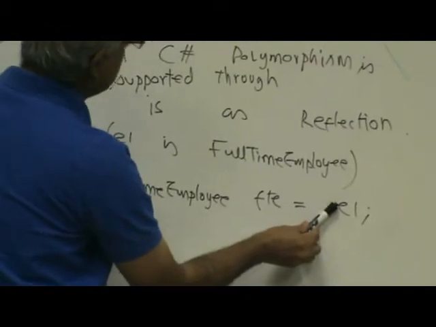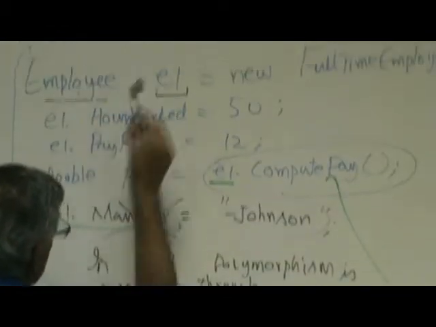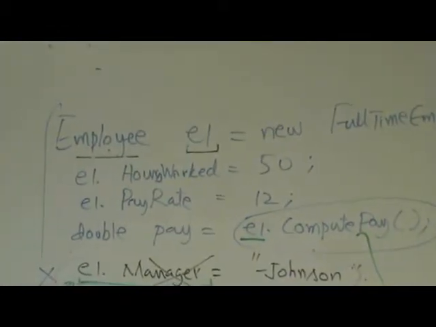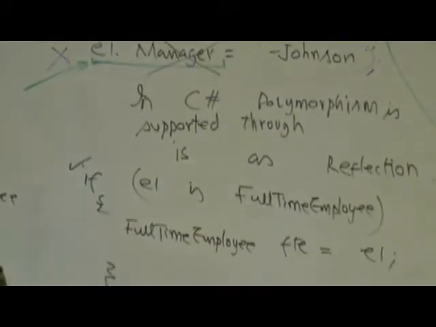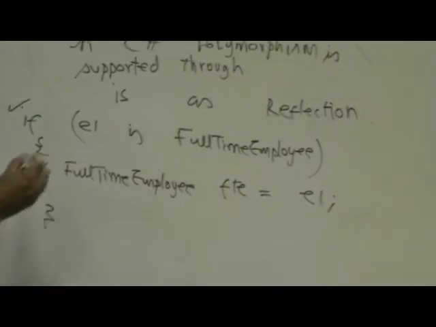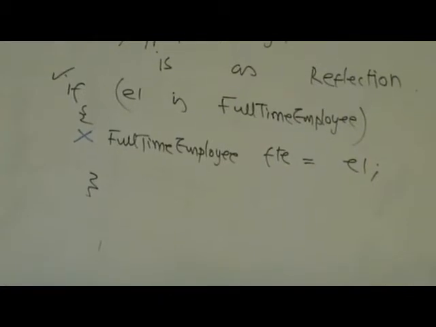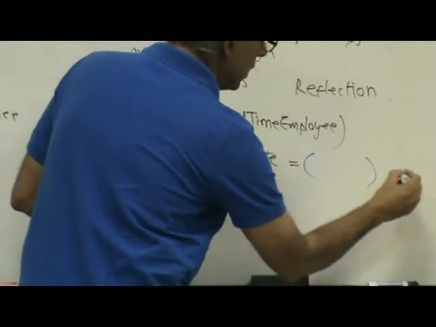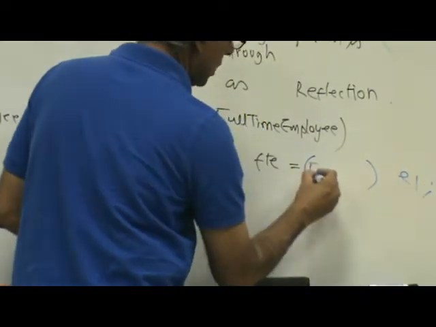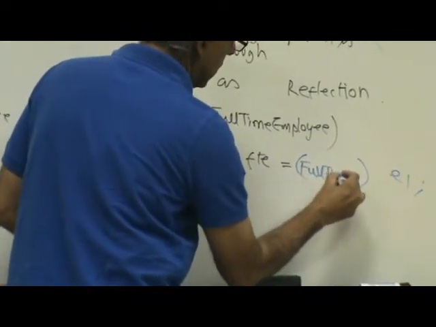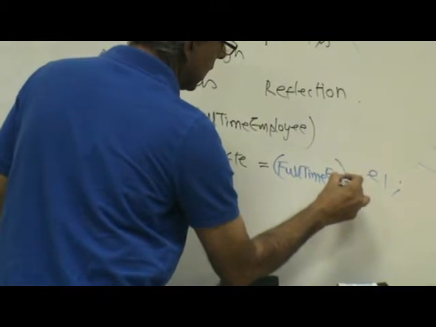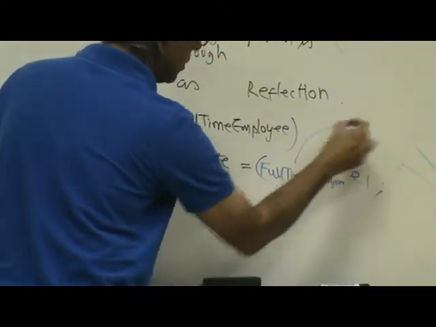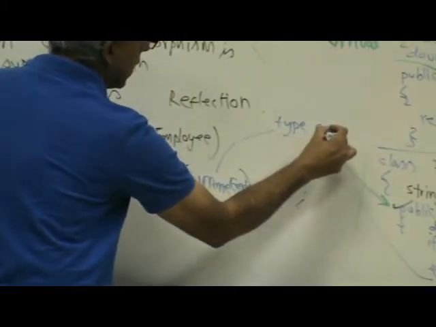What's the type of the right-hand side? Employee. So obviously there are two different types, so the compiler will not compile this if we wrote it like this. To satisfy the compiler, we will convert this E1 to a full-time employee, and that's what we call typecasting.